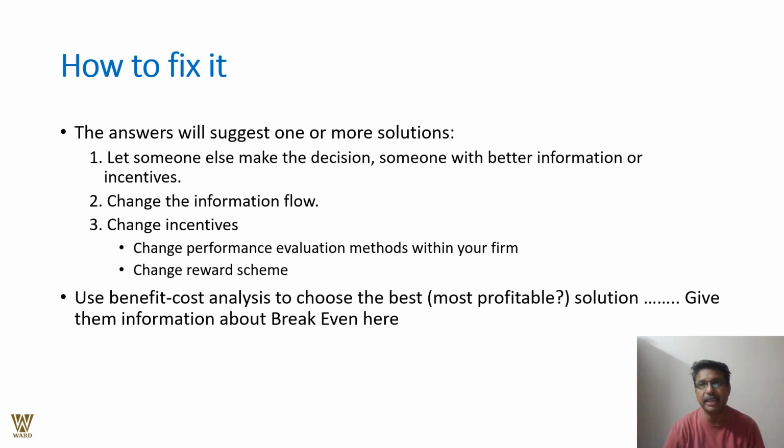Remember, the word incentive is a positive word, but when I say change incentive, it can be negative also, in terms of demotion, transfer, or termination. If people are not performing well, you need to change incentives. Use benefit cost analysis to choose the best, probably the most profitable, solution. And that is what we are talking about.